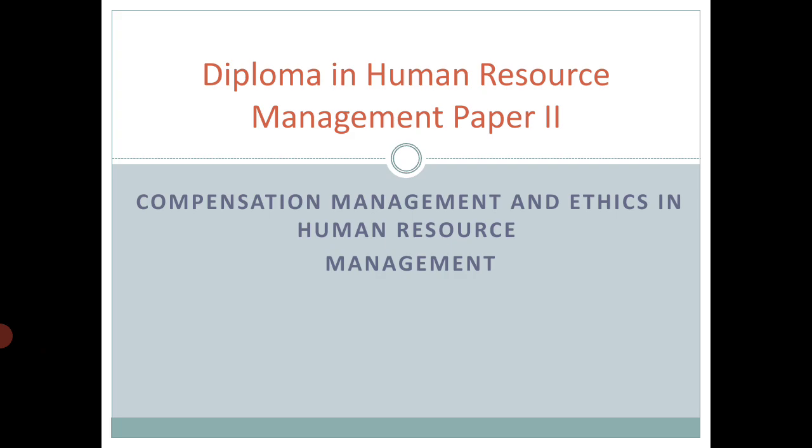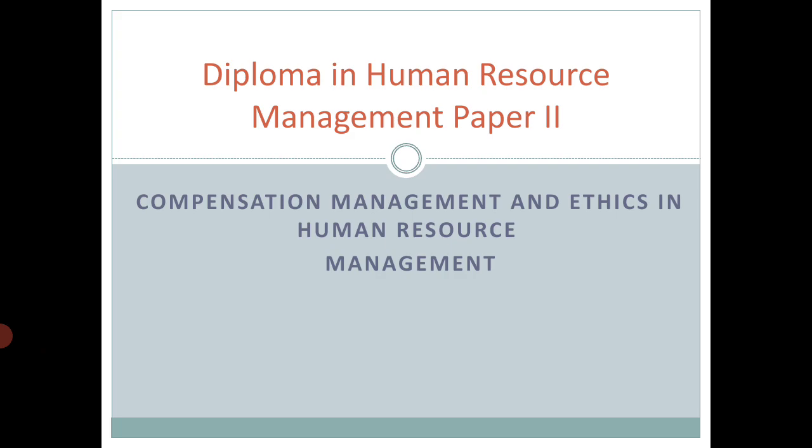We have gone through paper number 1, which had a theoretical nature, and its weightage is 100 marks. Paper number 2 is also theoretical, and its weightage is also 100 marks.